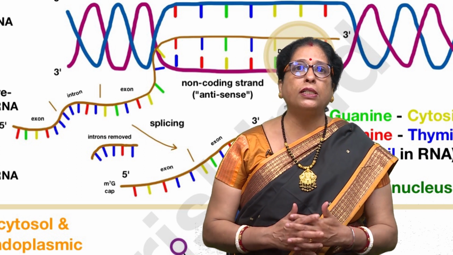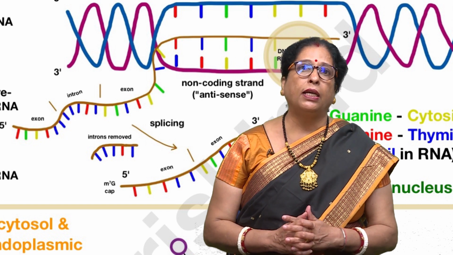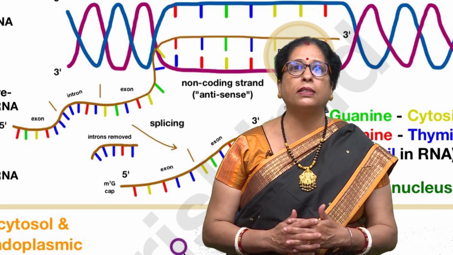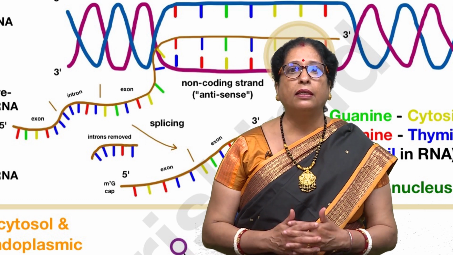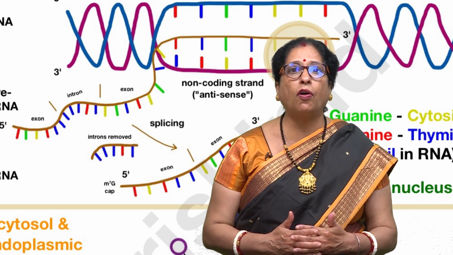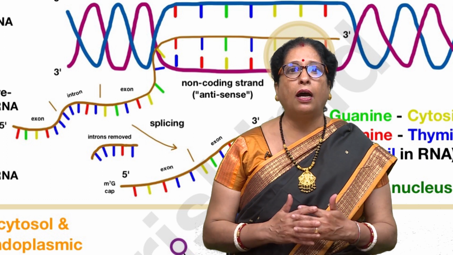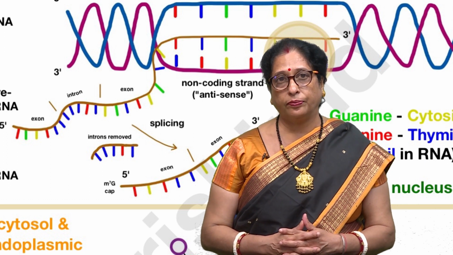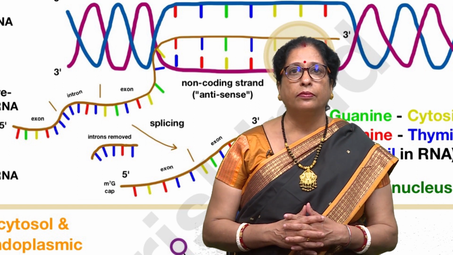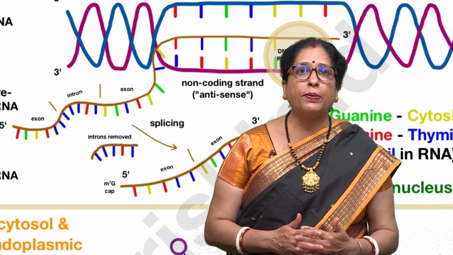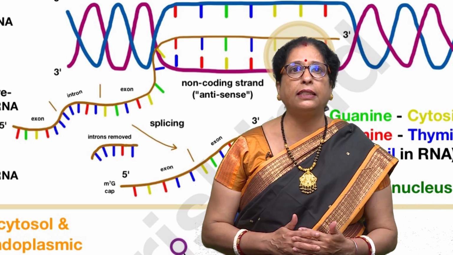It can be used in epigenetics also. Epigenetics involves heritable changes in gene expression that do not involve alteration to the underlying DNA sequence. It is used in CRISPR-Cas9 and gene editing.